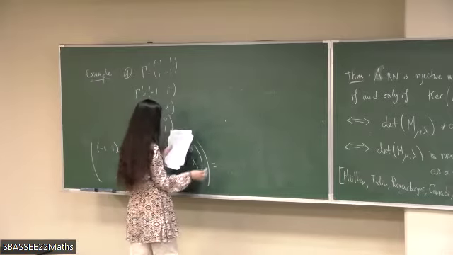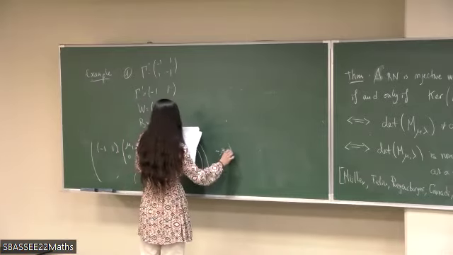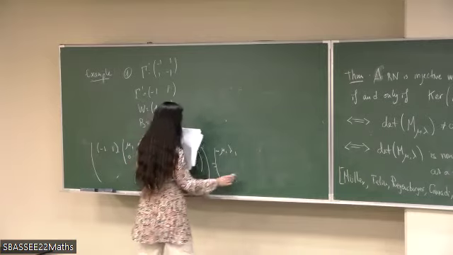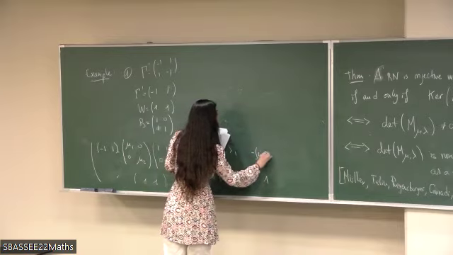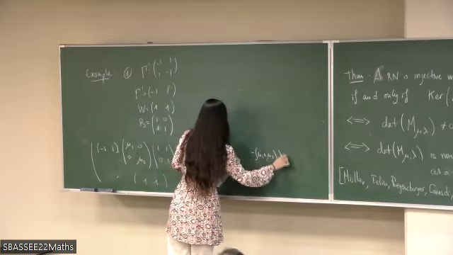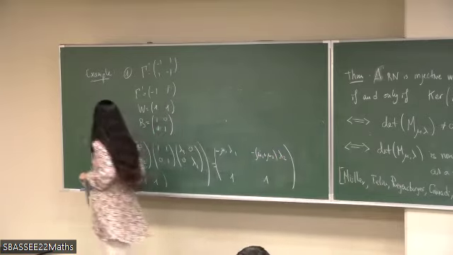And this gives me -μ1 lambda 1, 1. This is a matrix.